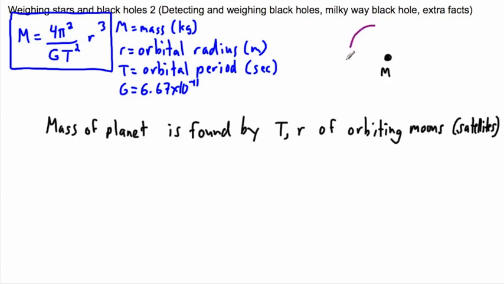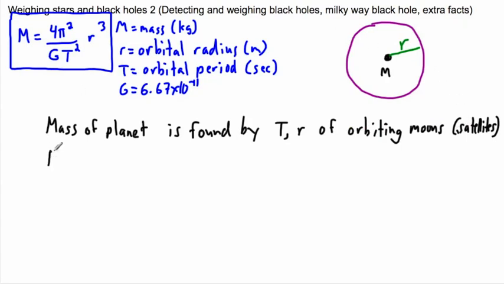This right here is the orbit, and this right here is the radius, and then we have the time to go all the way around. As long as we have a central object and something going around in orbit, then we can use this. So the mass of a planet, as long as you have an orbiting satellite or an orbiting moon, you can calculate the mass of the planet by looking at orbiting moons or satellites.